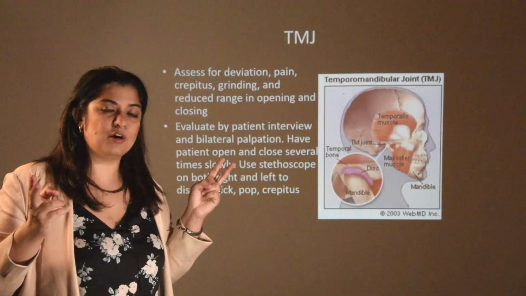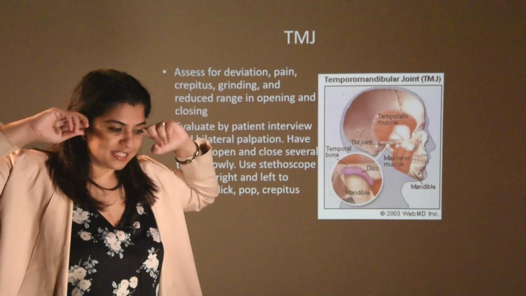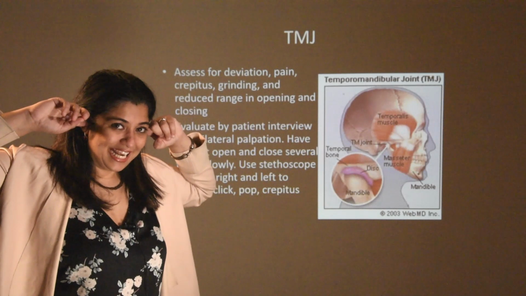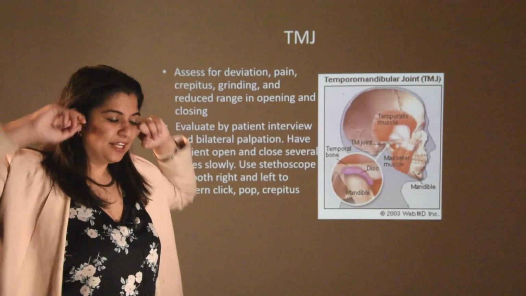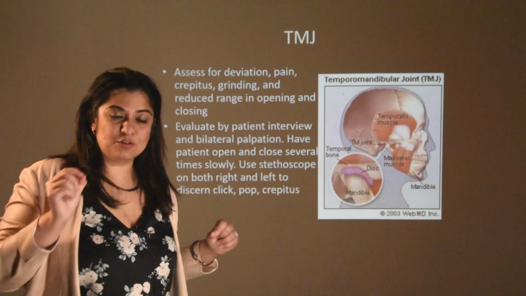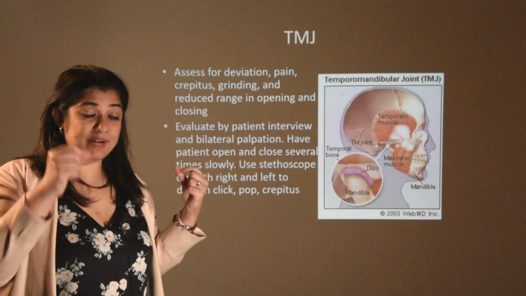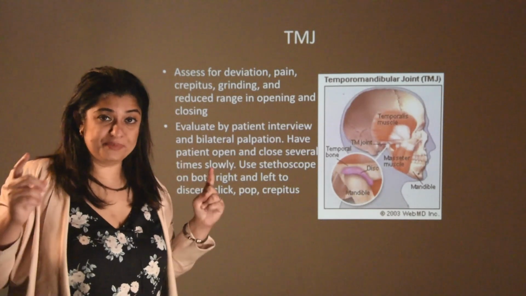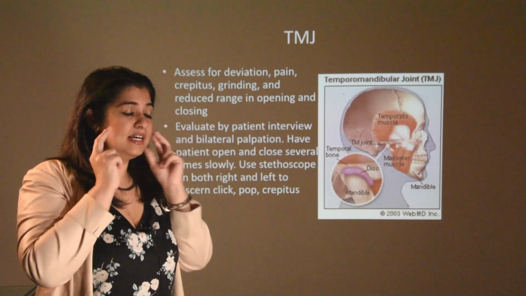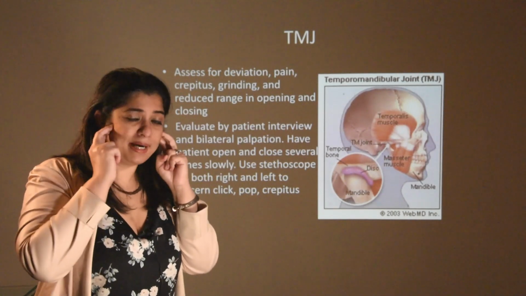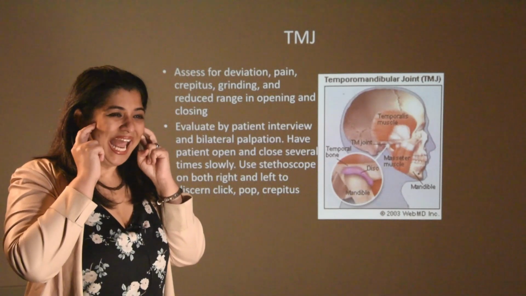There's another technique of examining the TMJ where you wear gloves and you put your fingers inside the ear and ask the patient to open and close slowly, and you can actually hear the sounds at greater depth when you're inside the ear. That's one technique. The second technique is where you use your hands and you place your 2 fingers bilaterally, ask the patient to very slowly open their mouth.